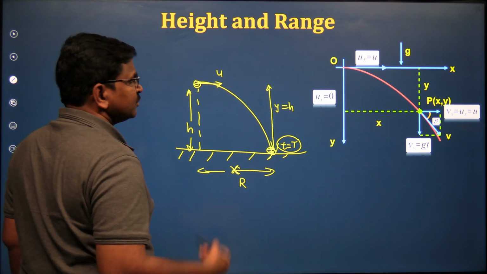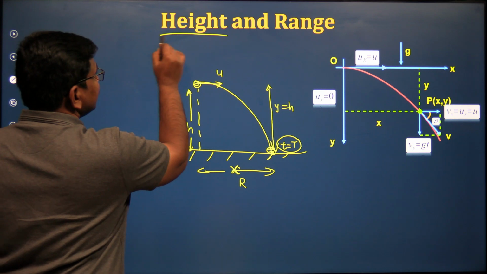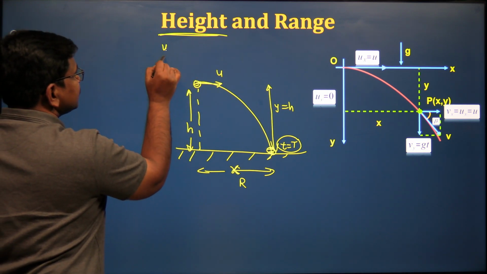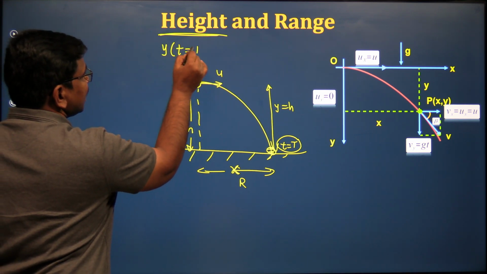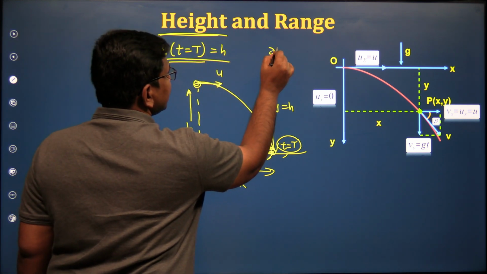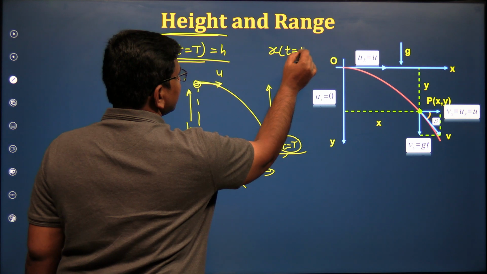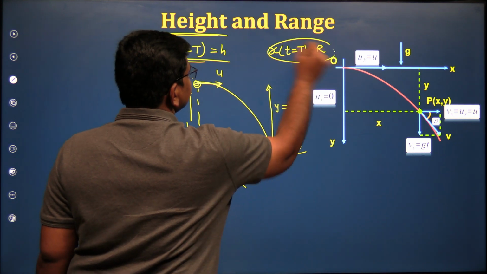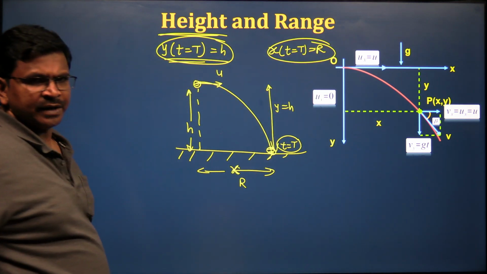Simple idea. So the height is nothing but the vertical displacement when t is equal to capital T, and range is the horizontal displacement when t is equal to capital T. So these are the two ideas behind this.